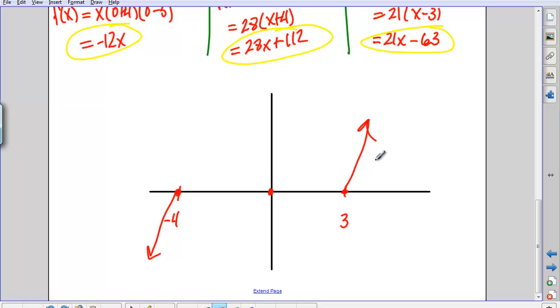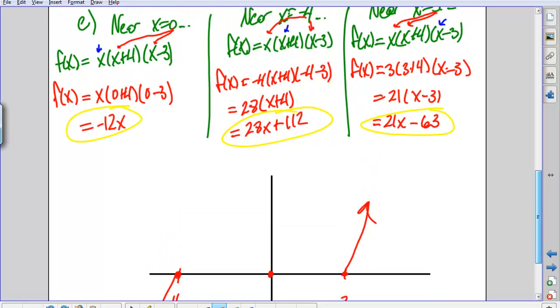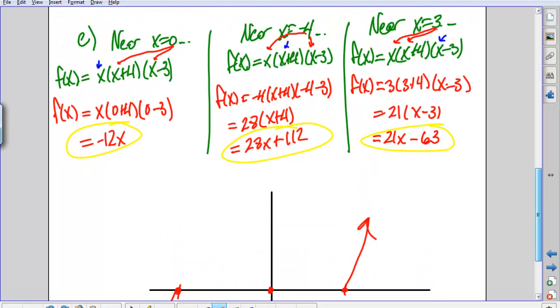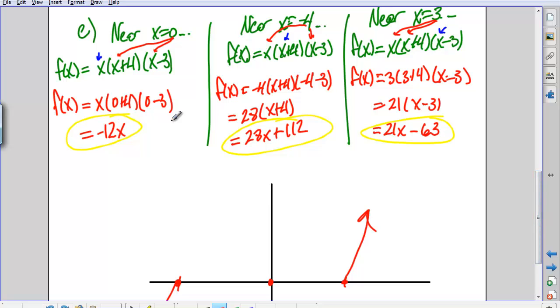And what does it do between those? Well, we know it crosses at each x-intercept. We also know that at 0, it's a slope of negative 12x. The other two x-intercepts have a slope of 28 and 21.